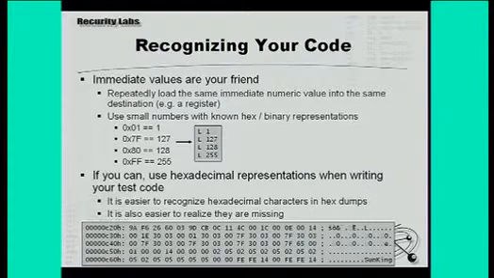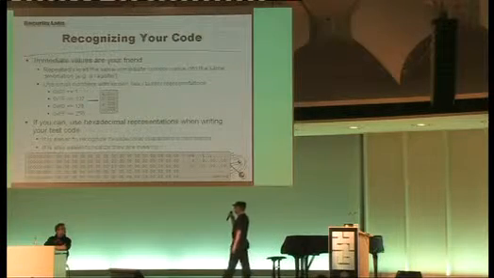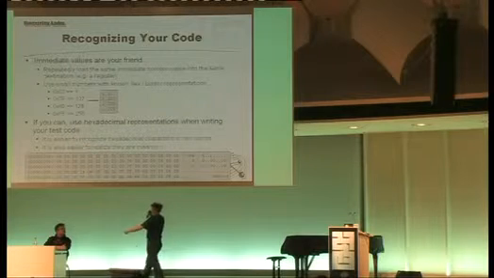That's the easiest way to recognize the pattern when you look at the hex dump. If you can, use hexadecimal notation right away, because it's easier to recognize, or to notice if it's missing. So here we have a case where I just loaded 7F frequently into the code.